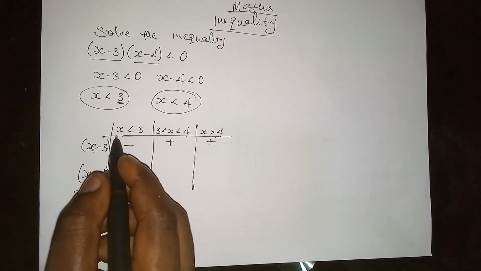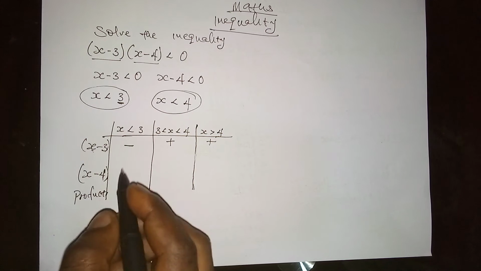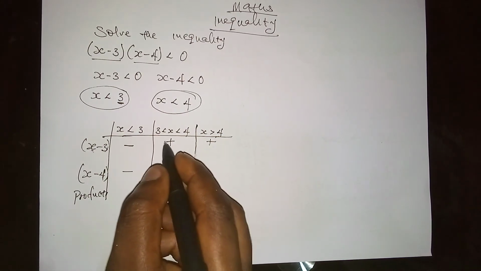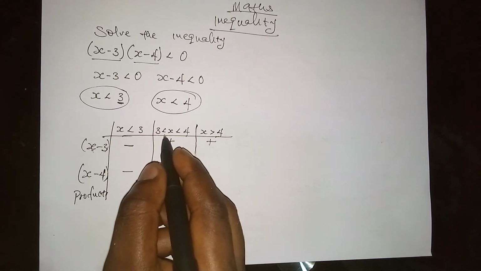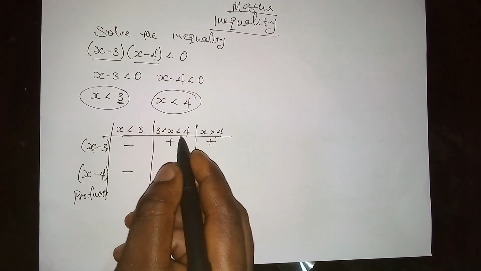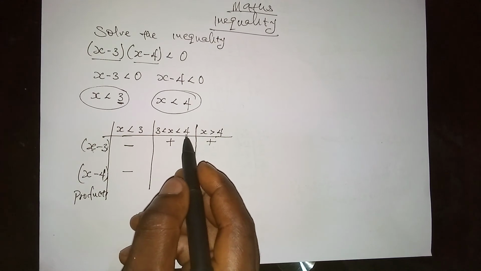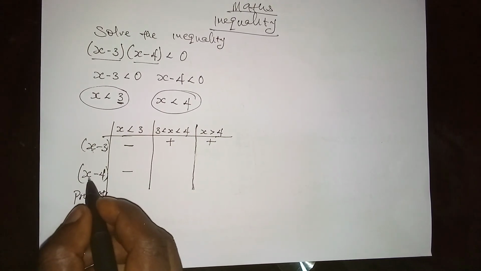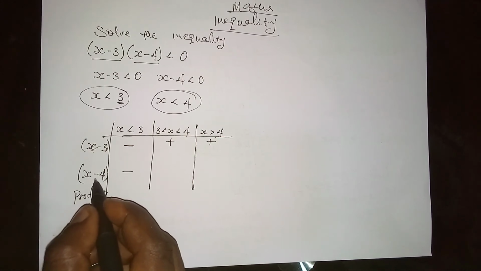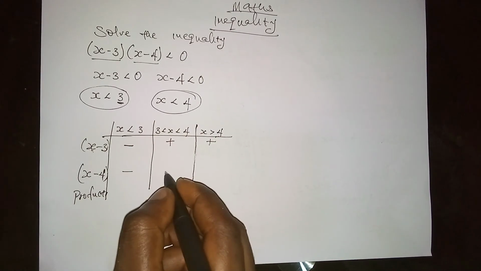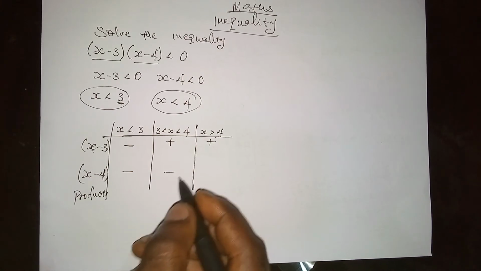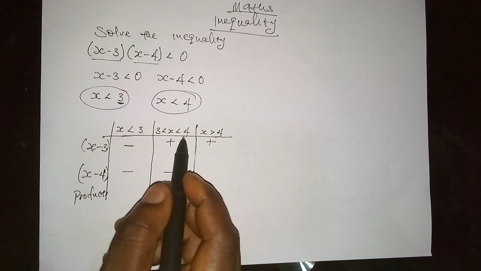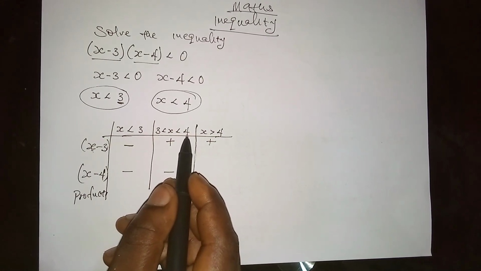Now for x - 4, when x is less than 3, 2 minus 4 will give us a negative value. When 3 is less than x and x is less than 4, any number less than 4 in this place, if we slot in that number for x and subtract 4, we'll have a negative value, because for me to have a positive value here, I must have a number that is 4 or greater than 4.